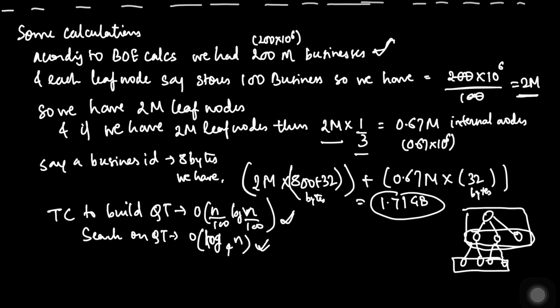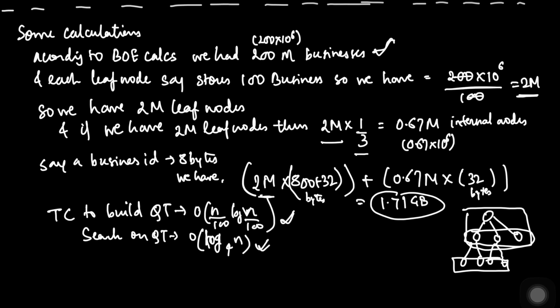Once we have that, we can do a memory calculation of what the size of the quadtree is going to be. Firstly, we have 2 million leaf nodes, and in every leaf node we will have 100 businesses, and let's say one business takes 8 bytes.